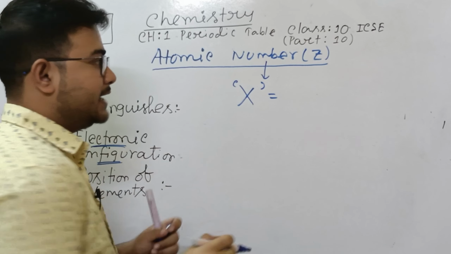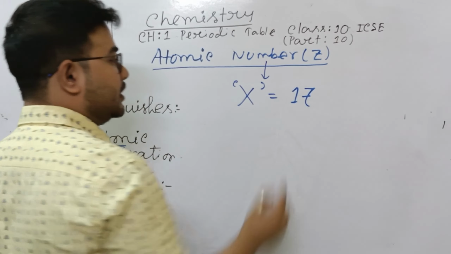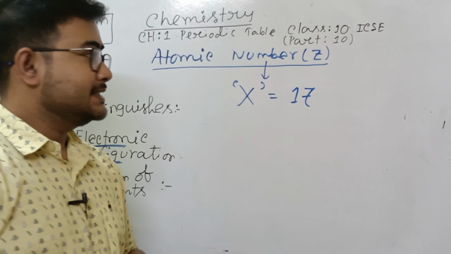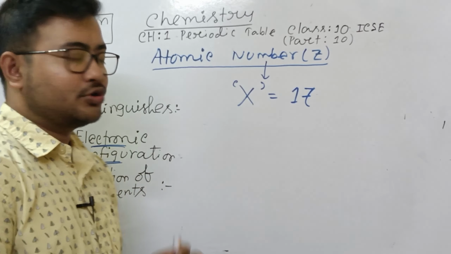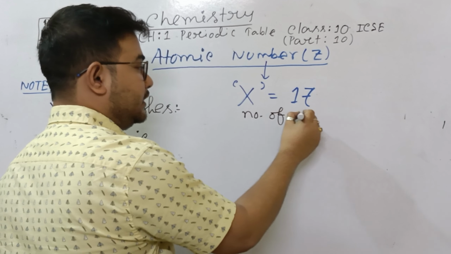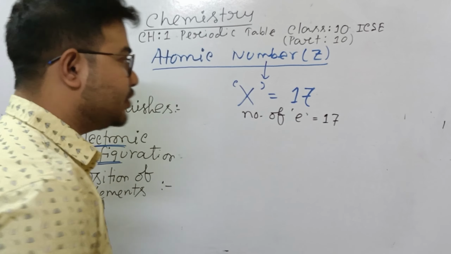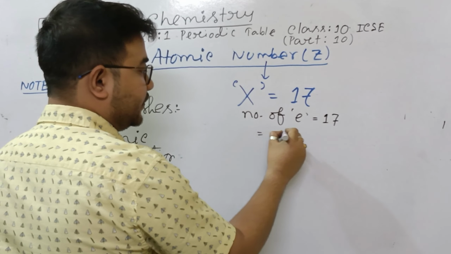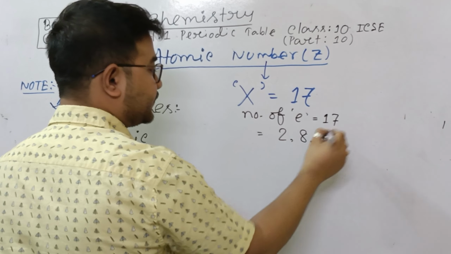Consider the first atom X having number of protons 17. Since it is neutral, that is, there is no charge, the number of protons 17 means the number of electrons is also 17. So tell me, what is its electronic configuration? Electronic configuration is 2, 8, 7.